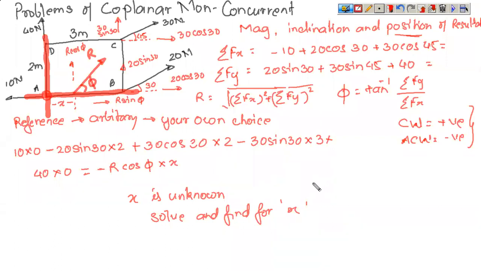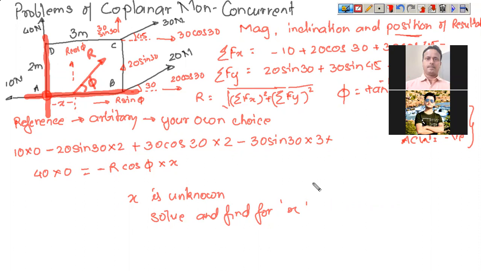You can do your work and find out the value of x. If x comes out to be positive, that means your location is correct. If the value of x comes out to be negative, that means it will be on the other side of A.